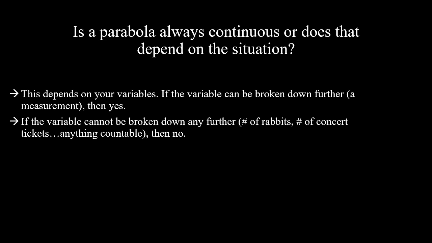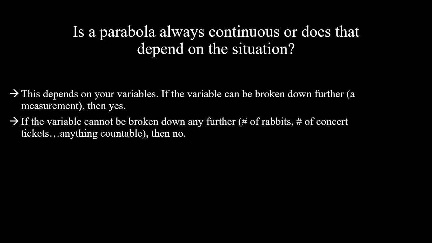For example, in our previous chapter, I specifically remember doing a workbook problem about the growth of rabbits. That's a discrete variable because you can't break down a rabbit, right? You either have 1 rabbit, 2 rabbits, 3 rabbits, or 4 rabbits, but you don't have 4.1 rabbits, okay? That's a countable variable, so that cannot be broken down any further.